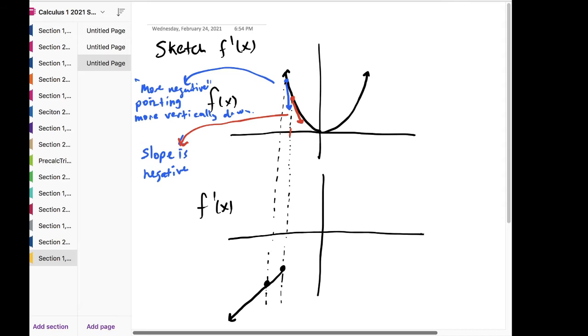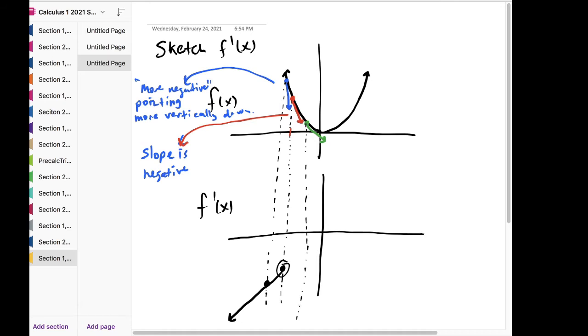But let's go in the other direction. What about this tangent line? Is it positive, negative? How does it relate to the one before it? Yeah, so it's negative, so it should be somewhere in the lower half.